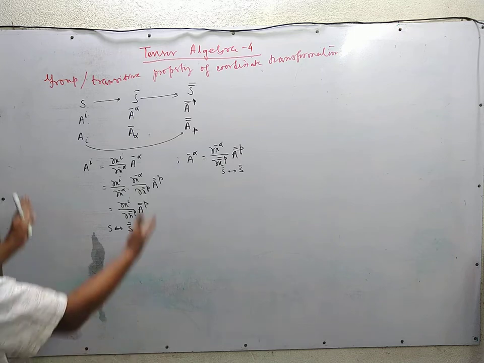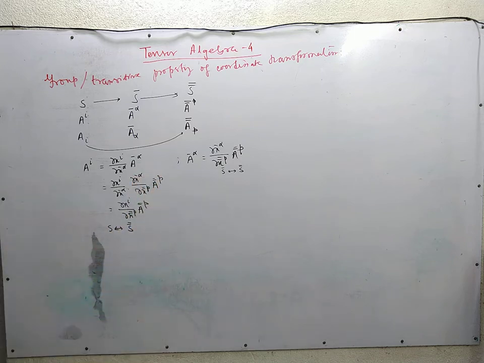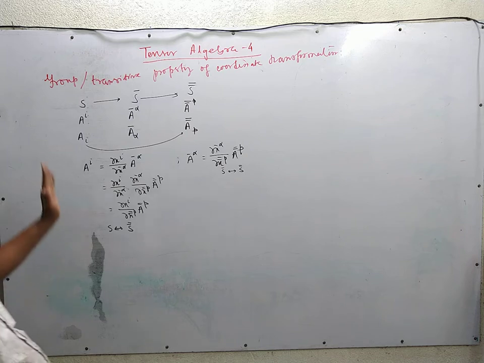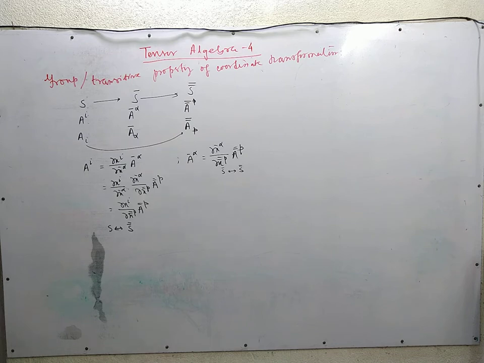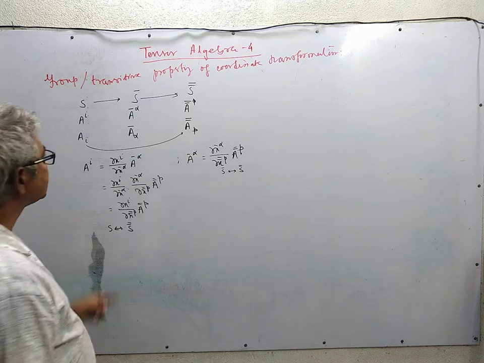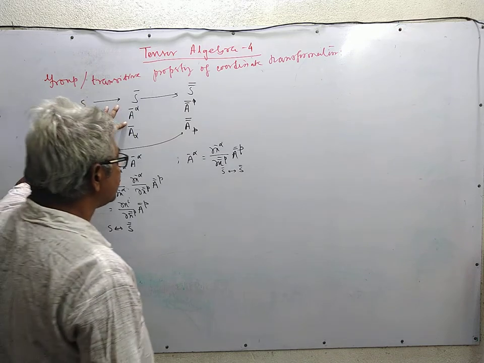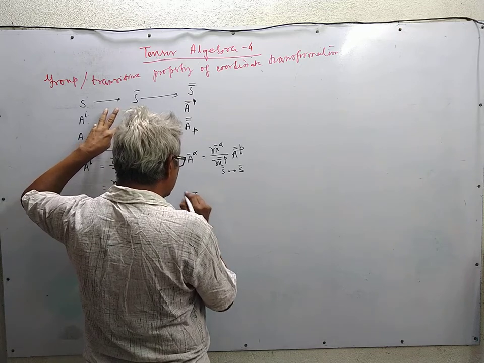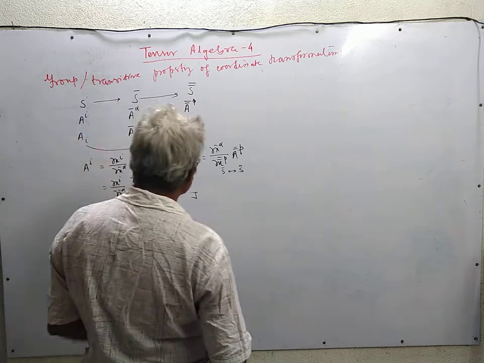And this same property can be proved for covariant vectors, only the transformation relation will be different, and we can also prove it for tensors of other higher rank. But for the sake of simplicity, we stated this property in connection with vectors. Another thing is that this transformation relation is guided by the Jacobian, and this is another Jacobian.